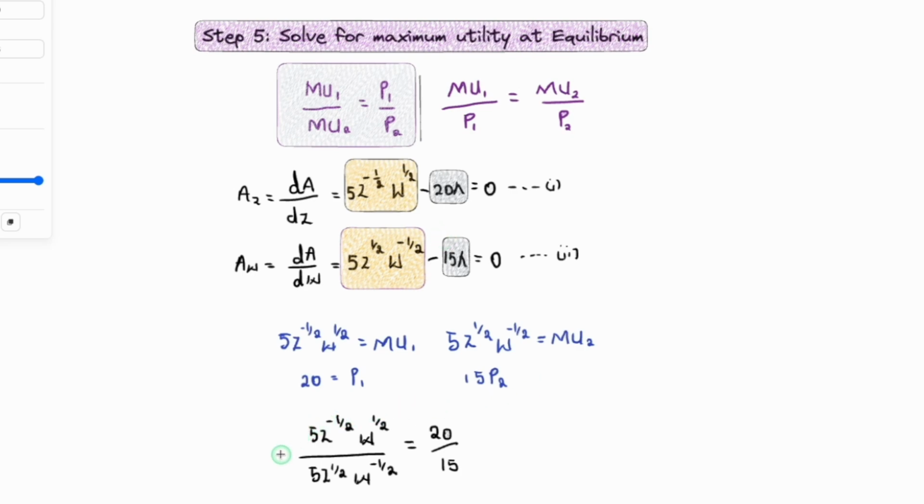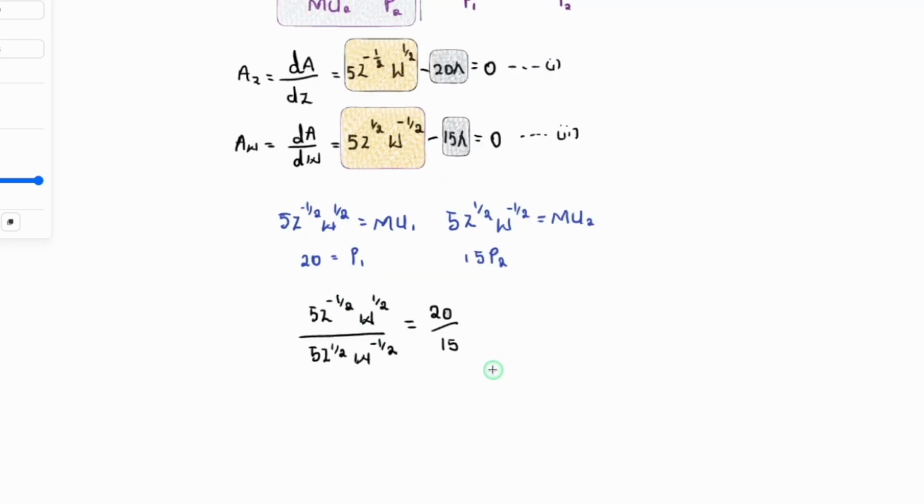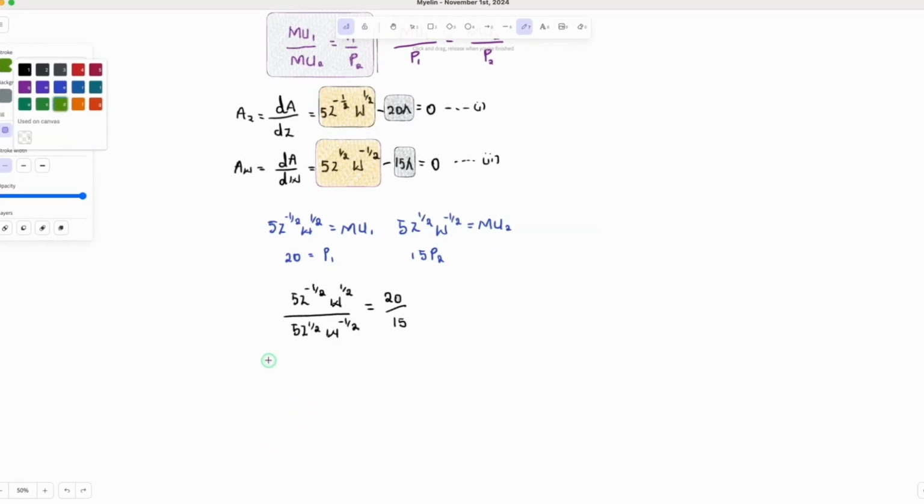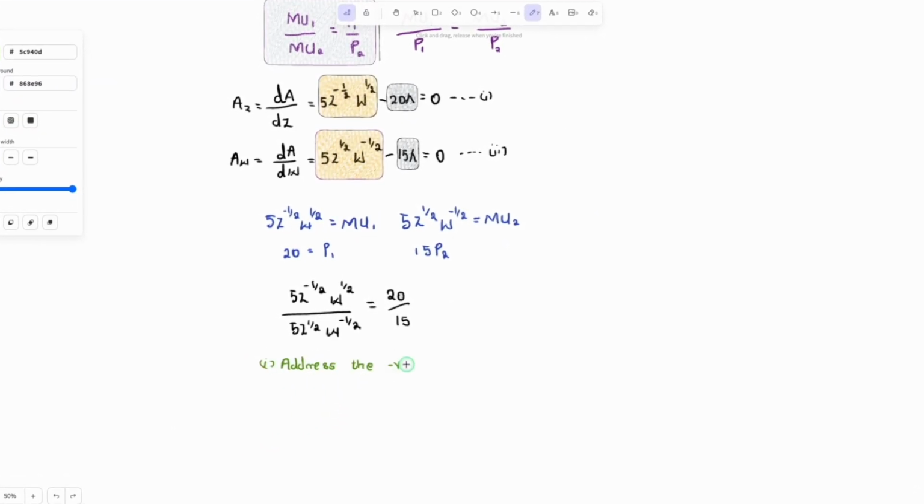Now we're going to continue to solve this particular equation using some algebra that you might be aware of or not. But let us just see what we're going to do here. So first thing I'm going to say we're going to do here is we're going to address the negatives.